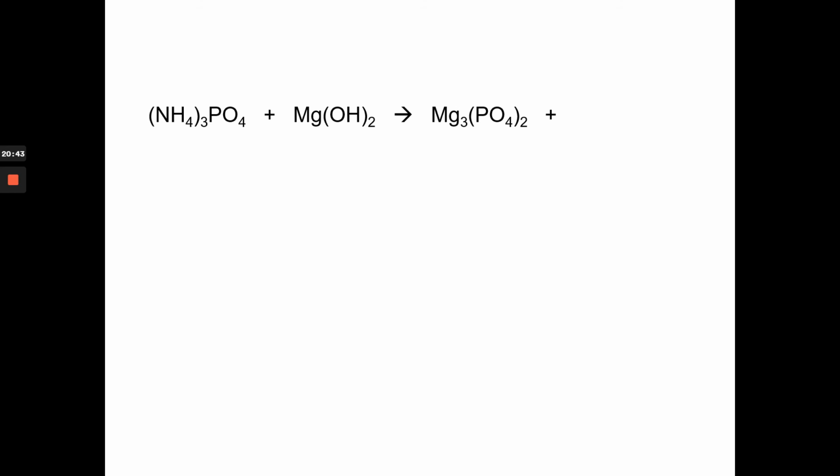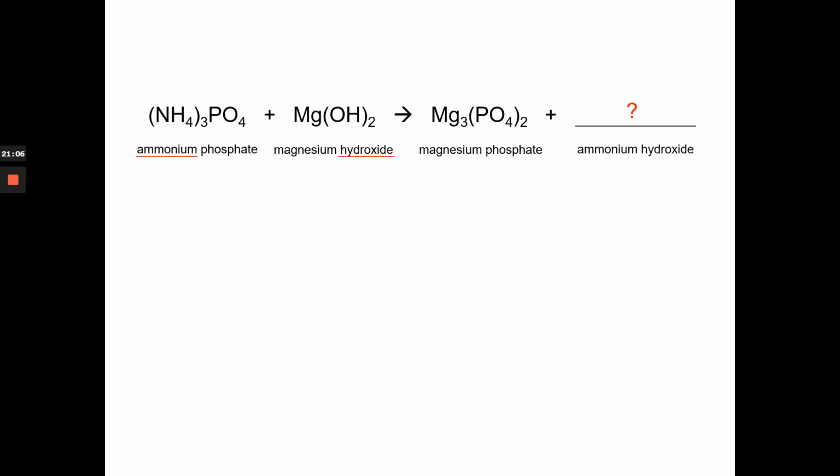We started with, in this case, ammonium phosphate and magnesium hydroxide, and we formed magnesium phosphate. So what's missing? Well, it looks like the ammonium and the hydroxide are missing. So we would need to add those, and that is our new product, ammonium hydroxide.